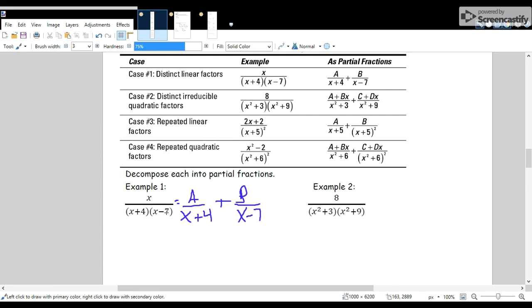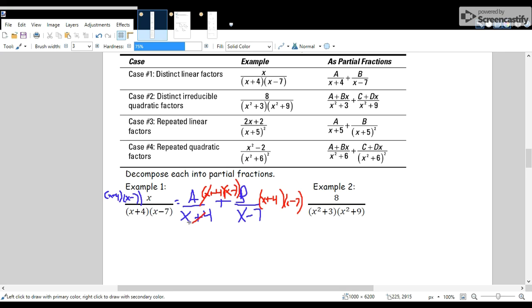So we'll set these equal to each other like this. And then we're going to get rid of the denominators. To do that, we're going to multiply everything by x plus 4 and x minus 7.